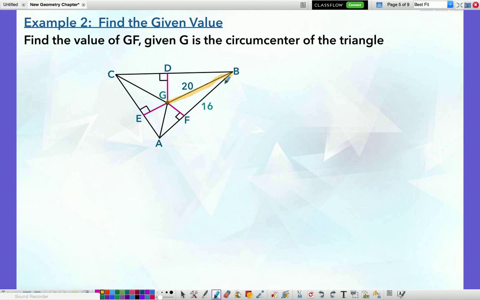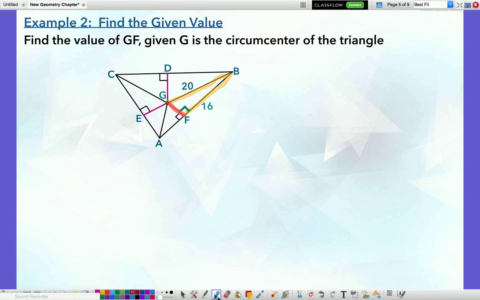So I'm looking at this triangle here. It's a right triangle because I know that that's right, and so this would also be a right angle. GB would be my hypotenuse, FB would be a leg, FG would be a leg. So they want me to find FG, which is this line right here.